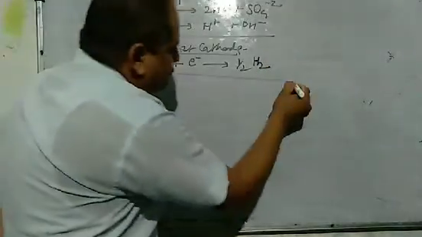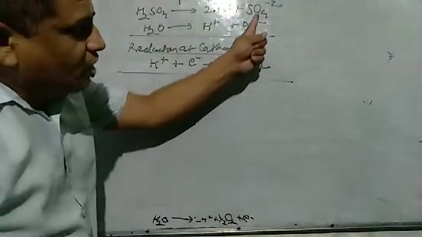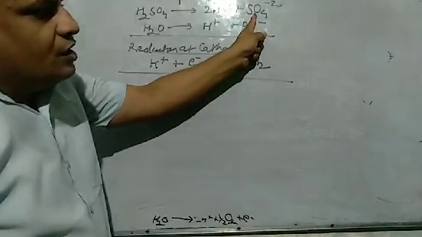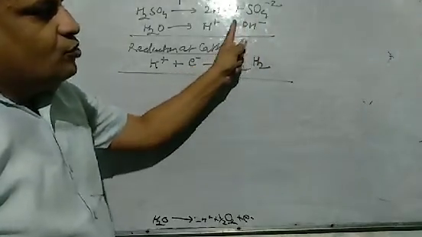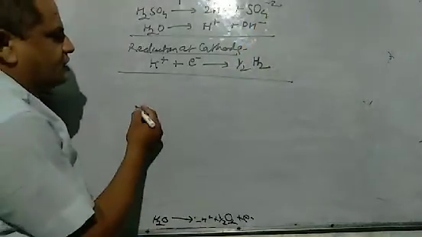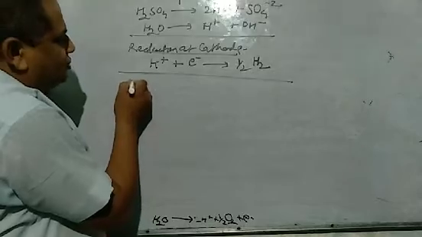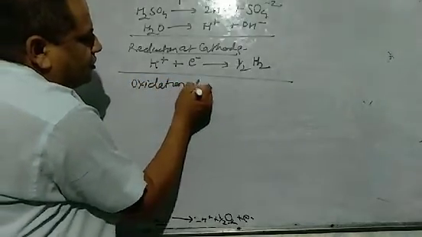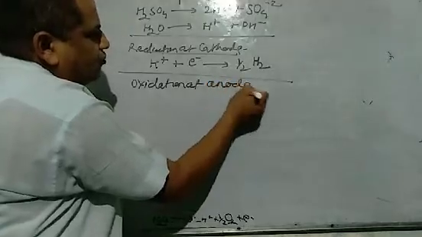But since here two types of anions are present, both are in competition, both move toward the anode, so the probable reactions at the anode, oxidation at anode.